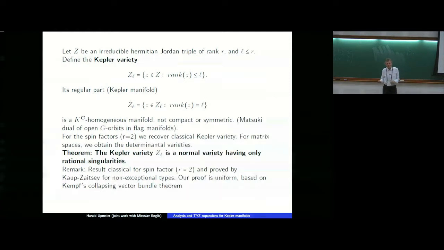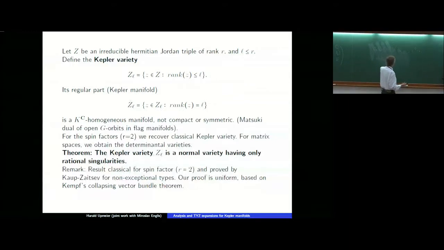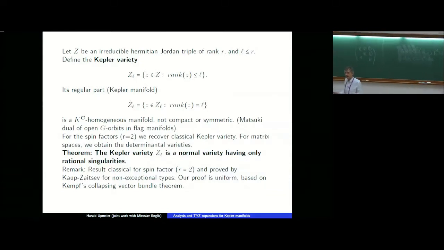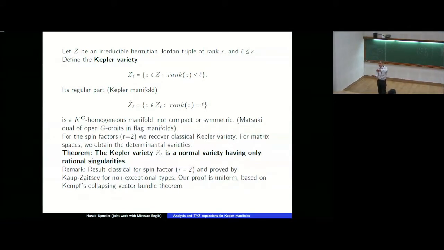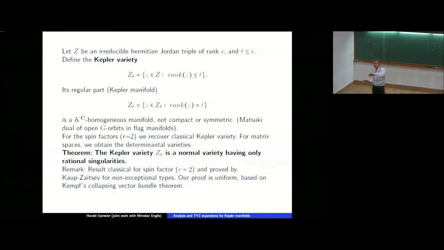Matsuki duality says that there is a one-to-one correspondence between G orbits and KC orbits. Well, in general they don't have the same dimension and so on, but there is still a one-to-one correspondence. To every G orbit corresponds a KC orbit, which is called a Matsuki dual, and conversely.